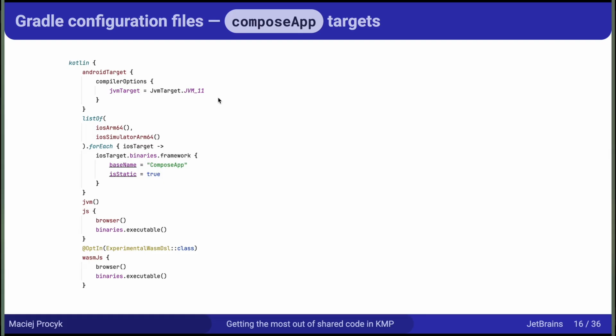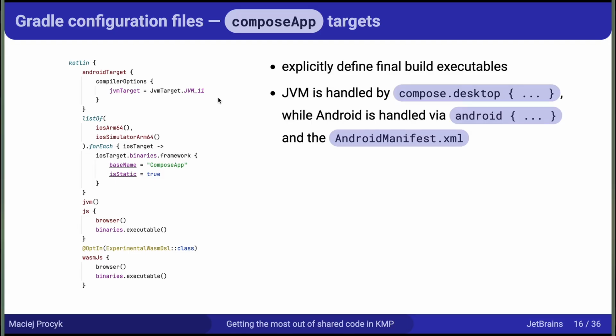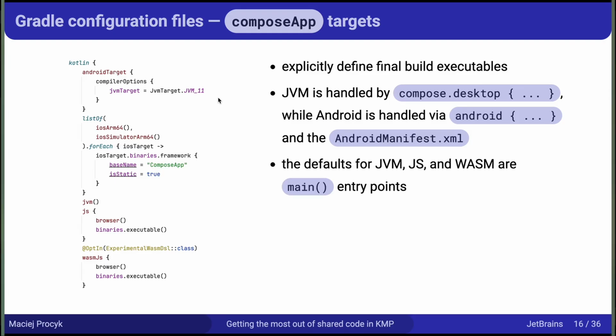In the case of end user applications, like the front-end one, which is not a library but the final executable, this configuration is a bit trickier because it includes the declaration of how those targets should be run. So, for example, in the case of the wasmJs and js targets visible at the bottom, we expect the executable to be built, which is the JS file, to then be included in some index HTML of your application.